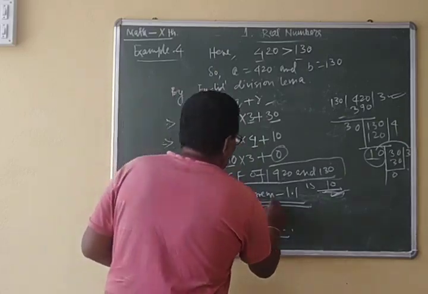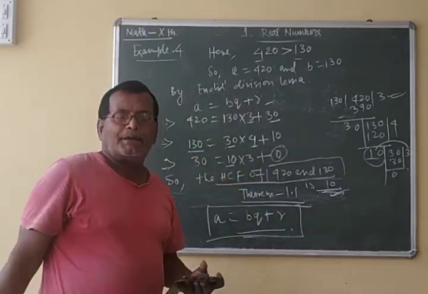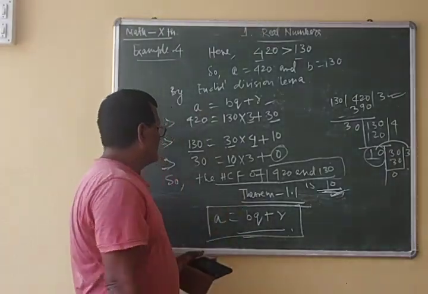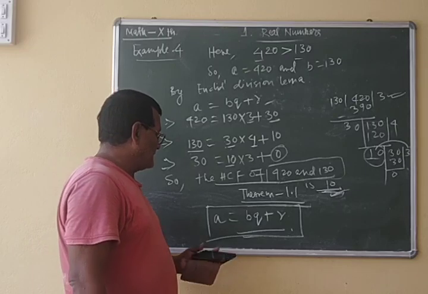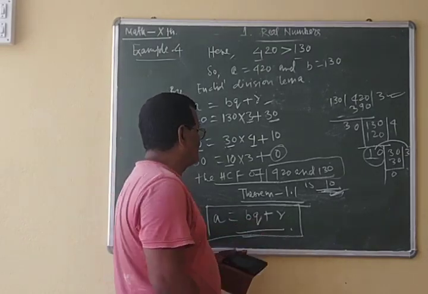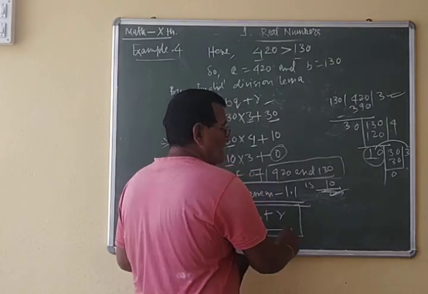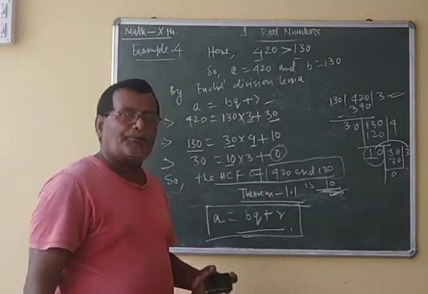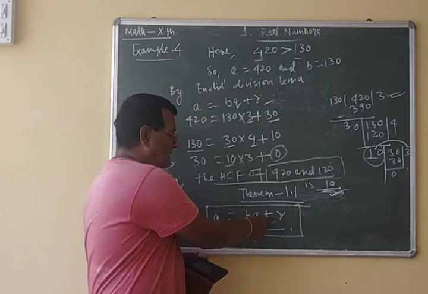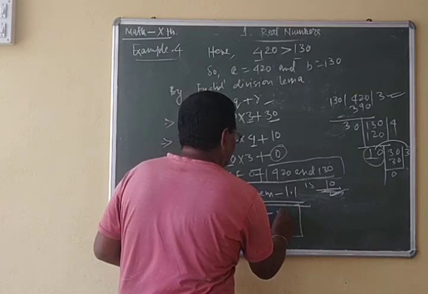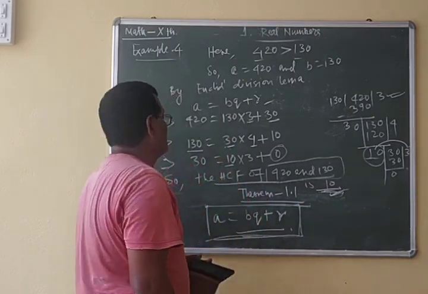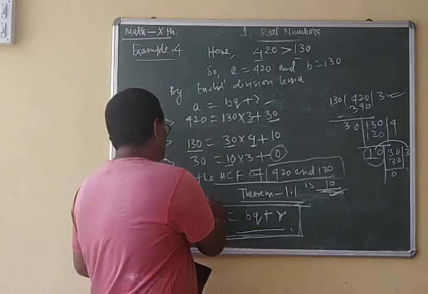This is a lemma. You have studied this in previous classes: dividend is equal to divisor times quotient plus remainder.